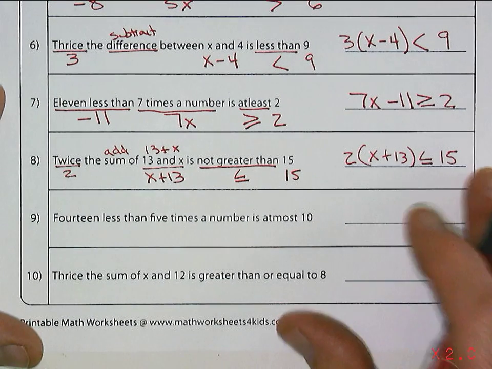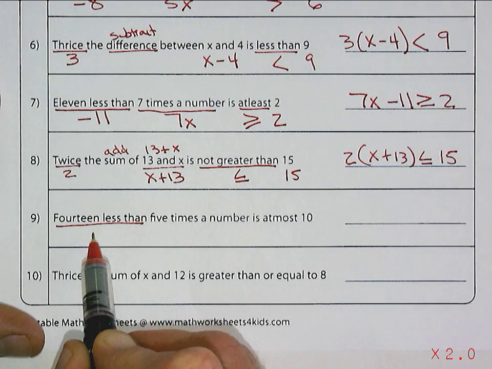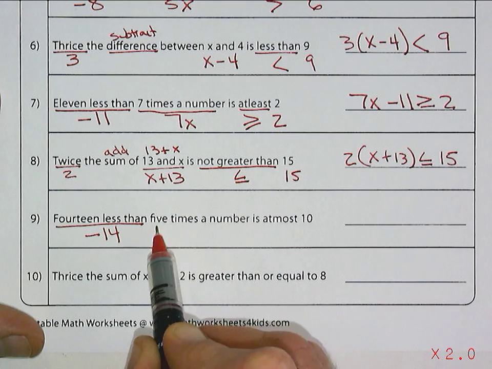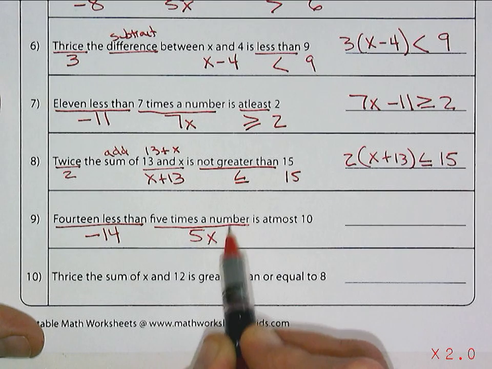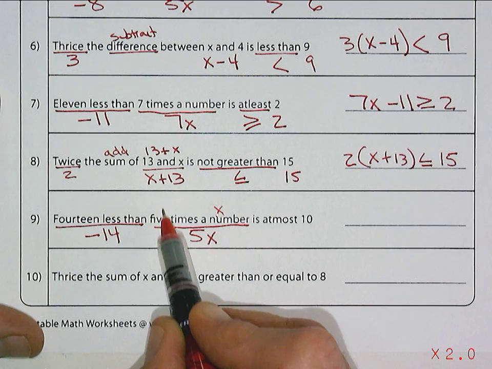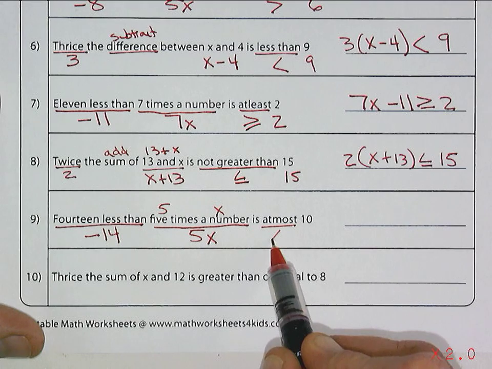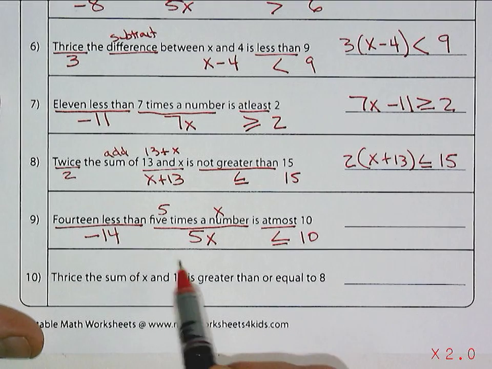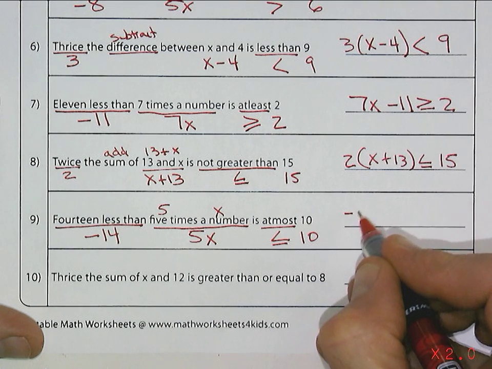A couple more examples. 14 less than, so here's another subtraction. 14 less than, minus 14. 5 times a number, there's my 5x, is at most, so that means we're less than or equal to 10. So we can put these together. I'm going to do this both ways just because it actually doesn't matter.